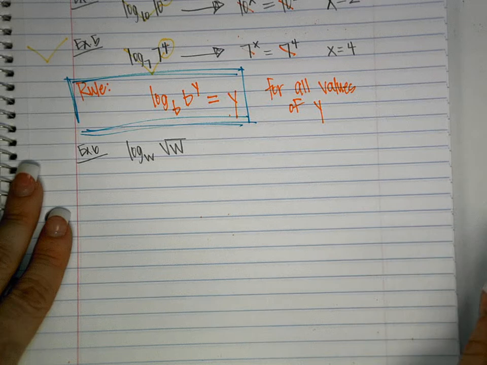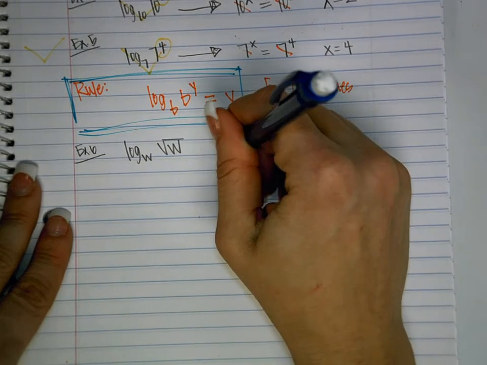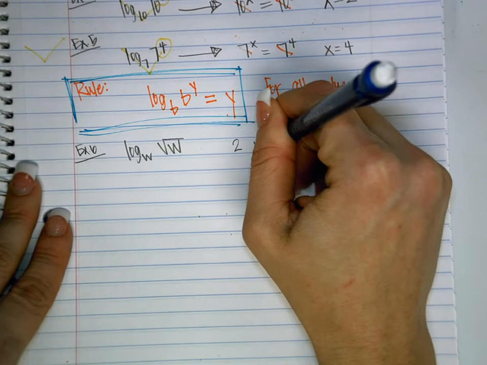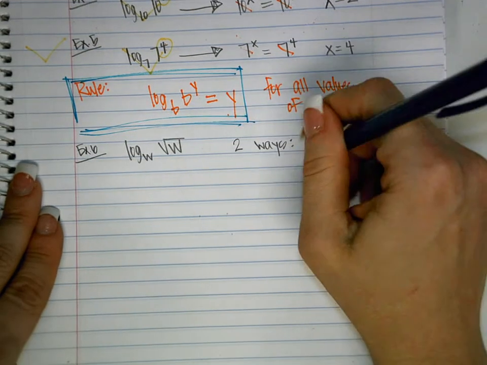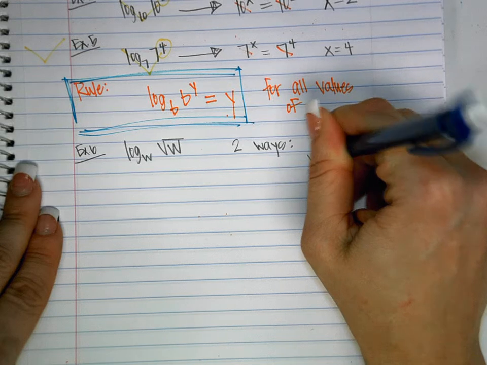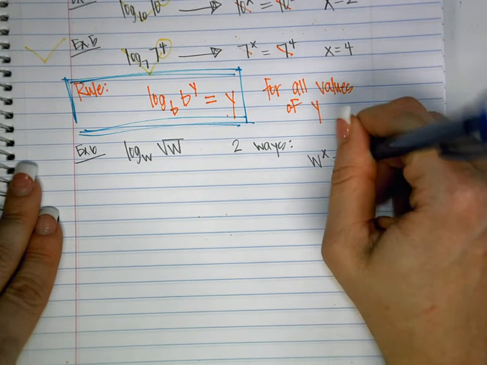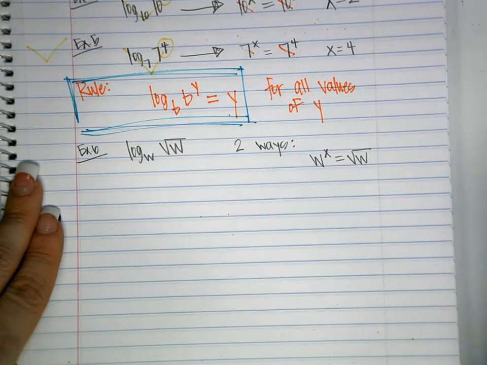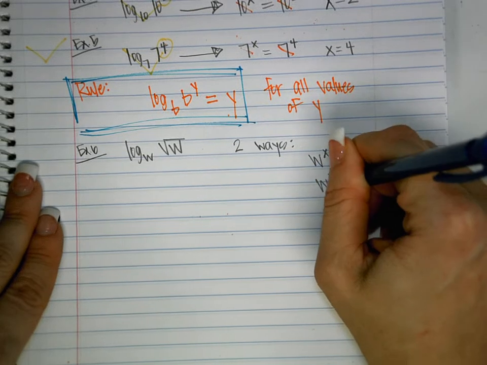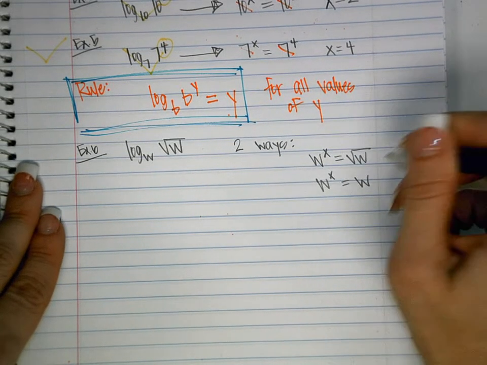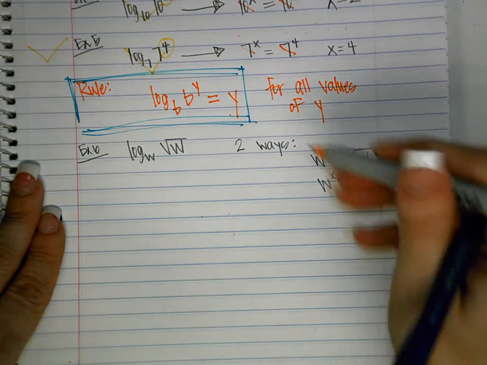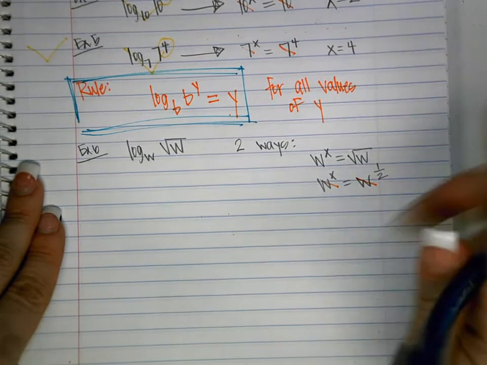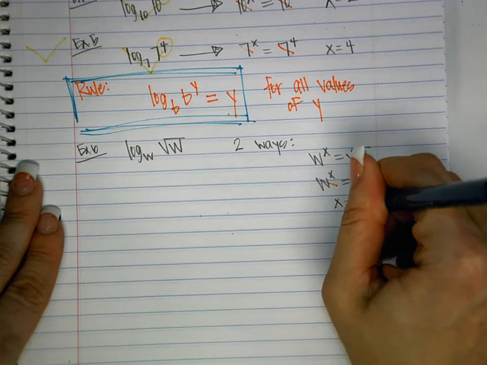For number 6, there are 2 different ways that you could do this problem, and I'm going to show you both. The first way is that you could rewrite this in exponential form. I would give you w to the x equals root w. You got the same base. This is w to the x equals w to what power? 1/2. Drop the bases, and we get x equals 1/2.